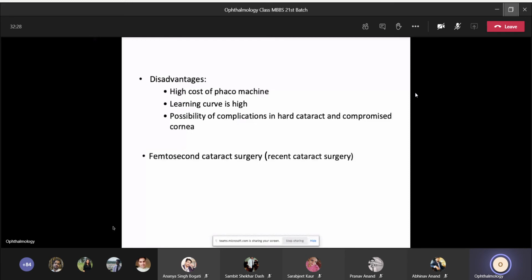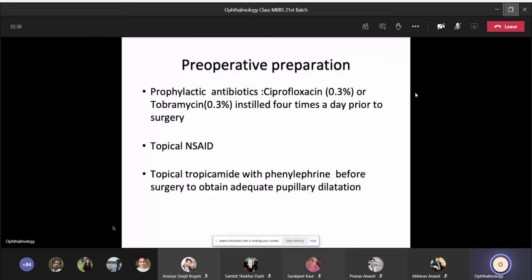Now once we know about the cataract surgery, and we have made a choice on which surgery we are going to do, we have to prepare the patient for the surgery. So what are the pre-operative preparations? Once we say, okay, tomorrow you are going to have surgery, we have to prescribe the patient a prophylactic antibiotic.